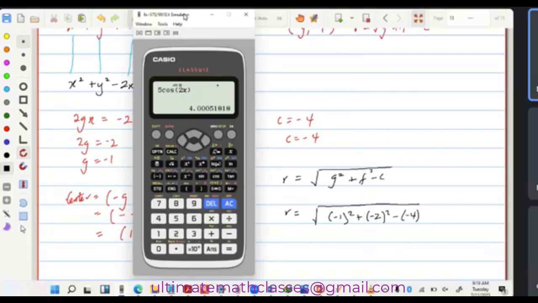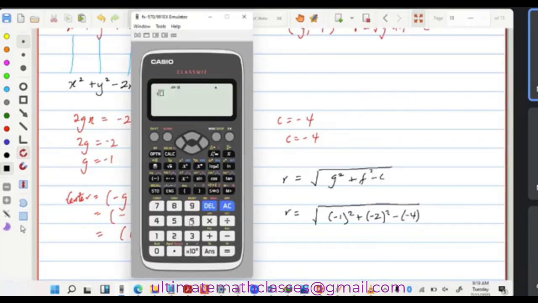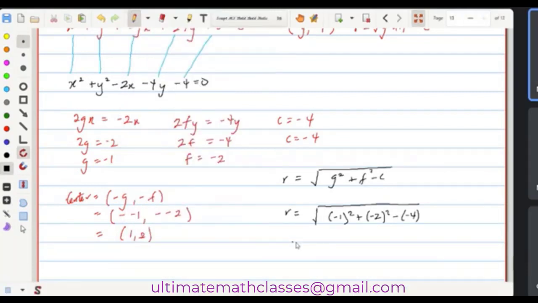This is the square root of 1 plus 4 plus 4, which is 3. R is equal to 3. So we found the center and we found the radius. Are we good with that one? Yes, sir.